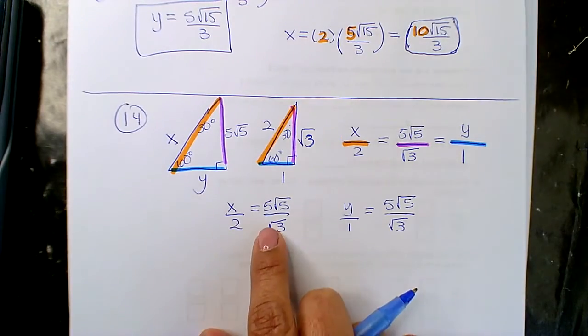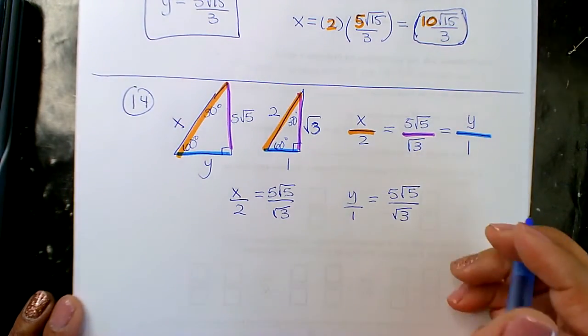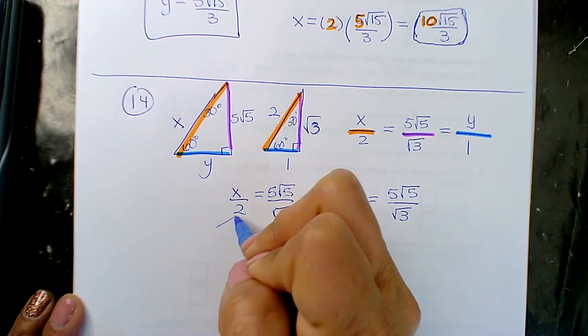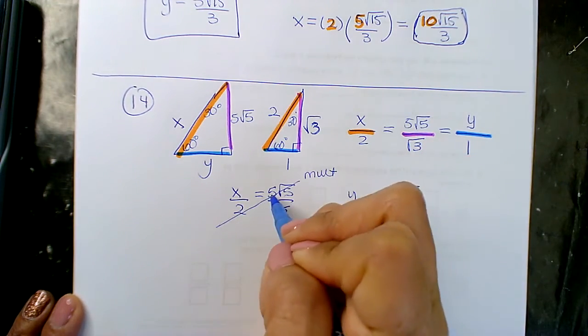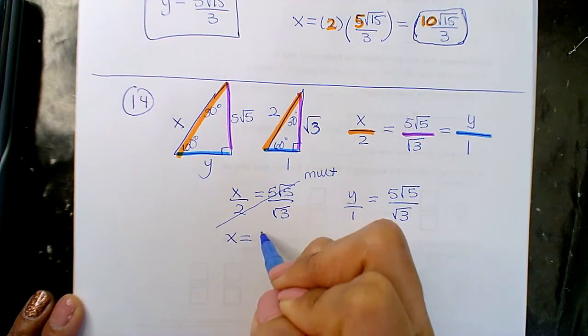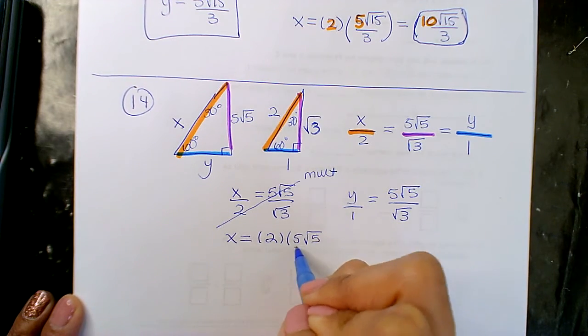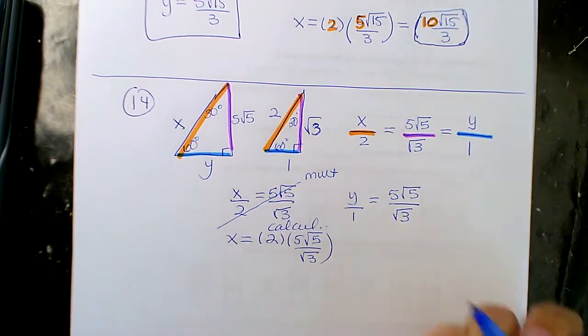Okay, so look. This is what I have. All right, so this is kind of up to you how you want to do it. I need to cross product, right? Multiply. 2 times 5. Okay, you can go straight to a calculator and you can put all of this into the calculator. I'm not going to write it all.